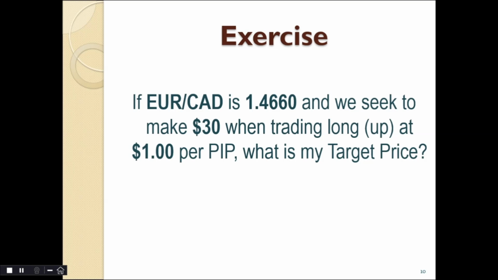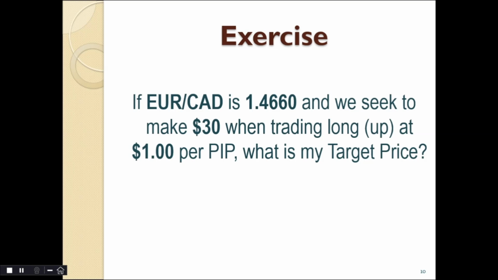Here you just have to convert the amount you have, you divide it by the rate per pip. If it is $1 per pip and you seek to make $30, it means that you've made 30 pips, because 30 divided by 1 will give you the number of pips.